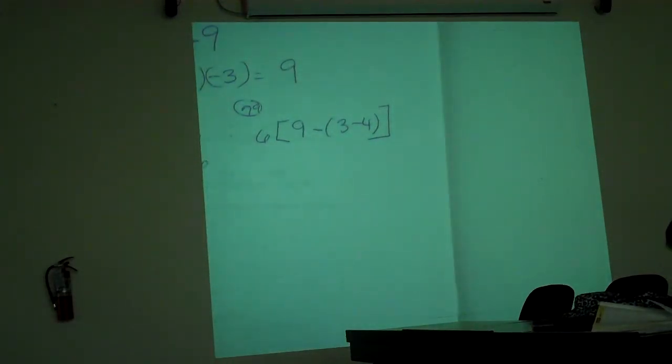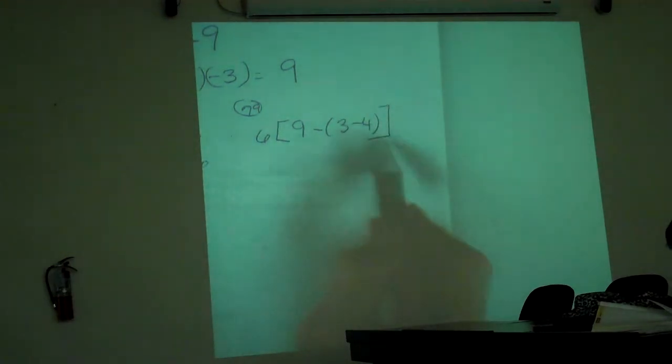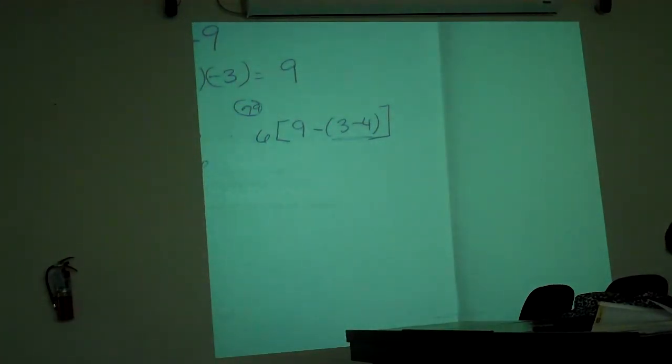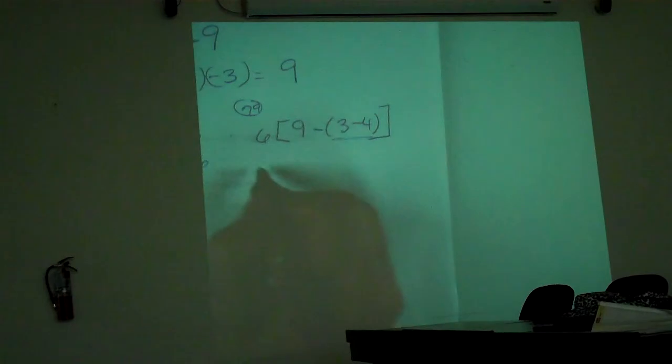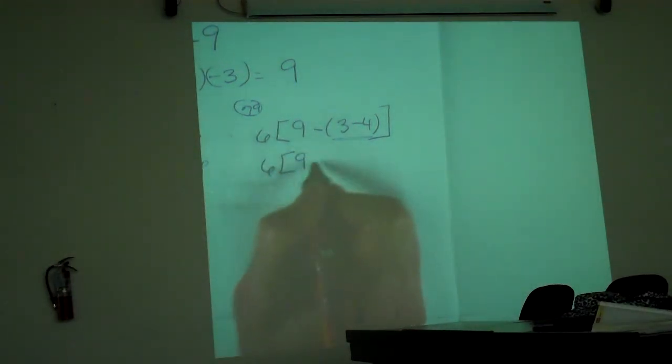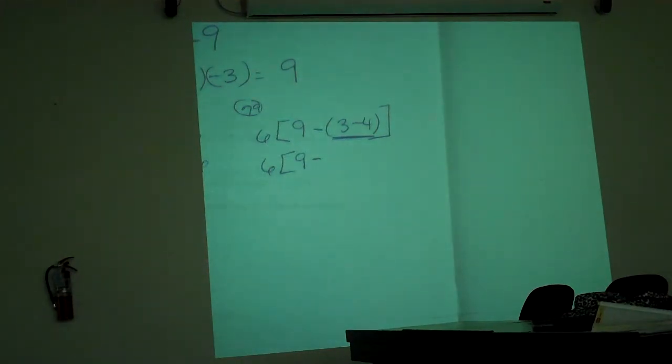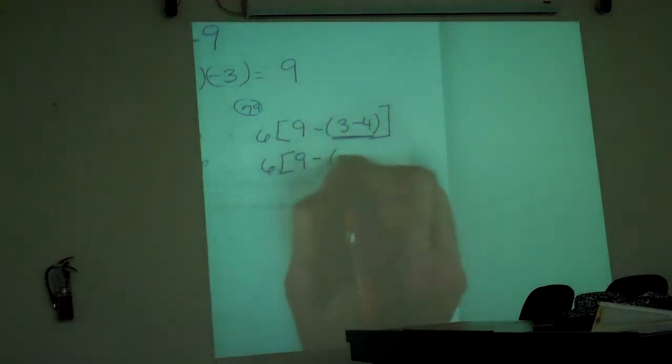You go to the inside of the bracket, do the parentheses first in there. This is like parentheses, but you need to do parentheses inside parentheses first, okay? So we leave our 6 and we leave our 9 and our minus sign. 3 minus 4 is what? It's negative 1.